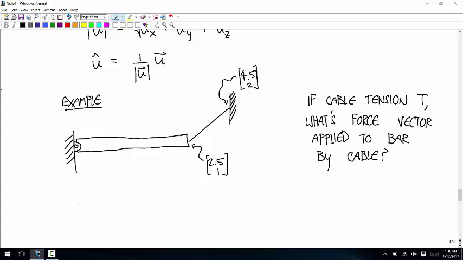But first, let's just figure out the vector that goes from here to there. So the vector we want is going in this direction. The vector from here to there, I'll call that u, and it's equal to (4.5, 2) minus (2.5, 1). And so that vector is (2, 1).